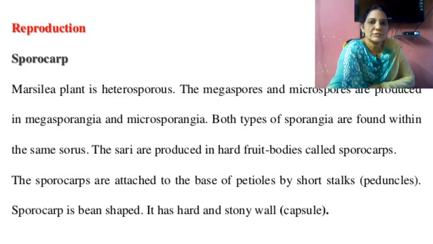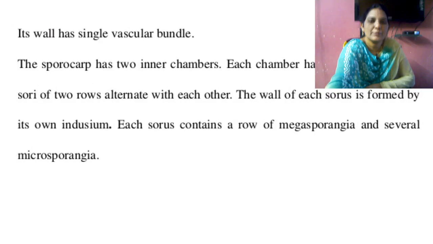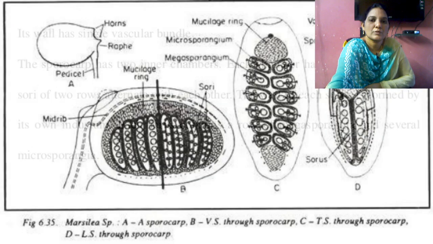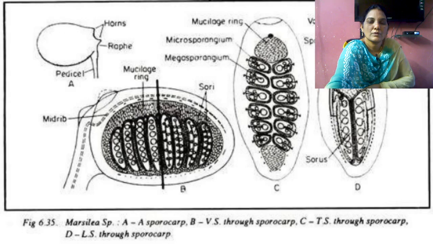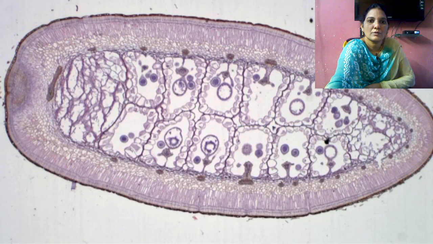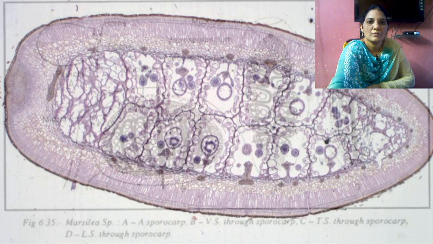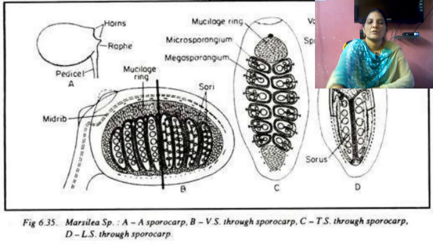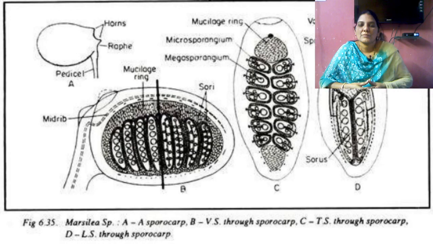Coming to the internal structure of the sporocarp, here this is the internal structure of the sporocarp.